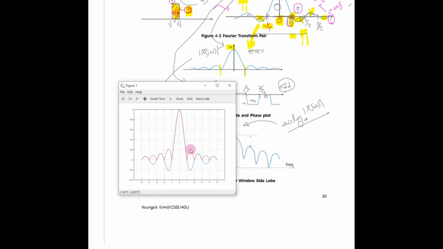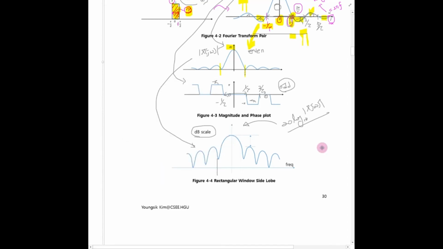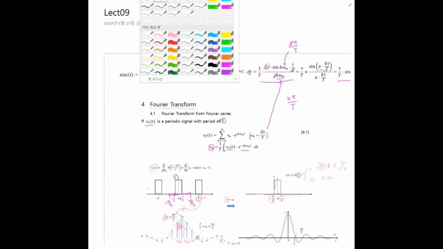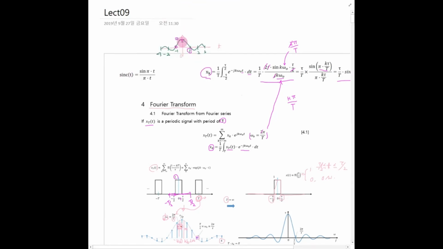What will this value be? We know that this one is 1. What about this one? As we talked about the sinc function, the global maximum is at 0, and this one is a null. The next maximum point is this point, at 1.5.